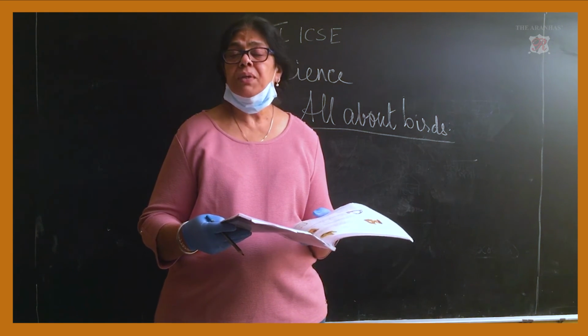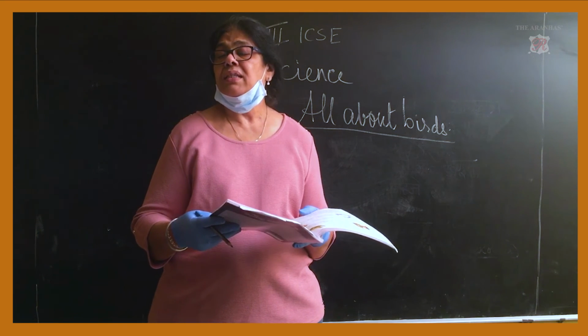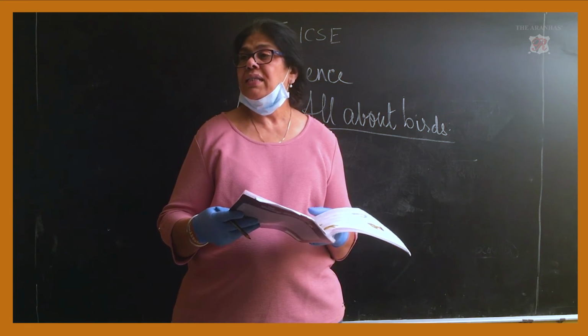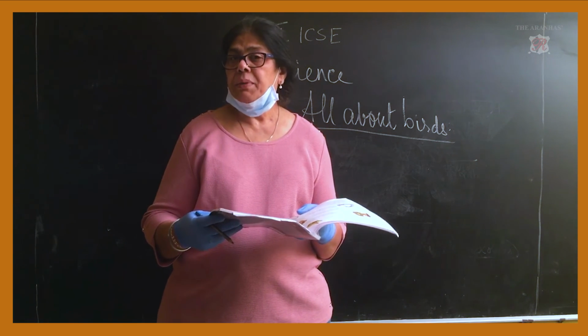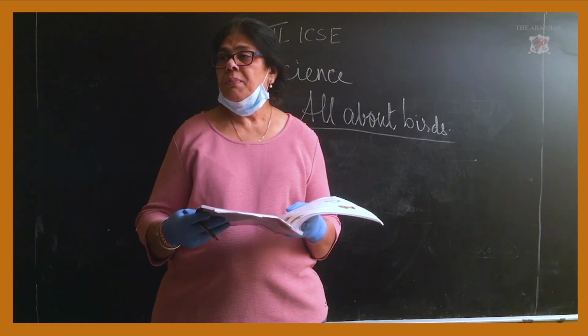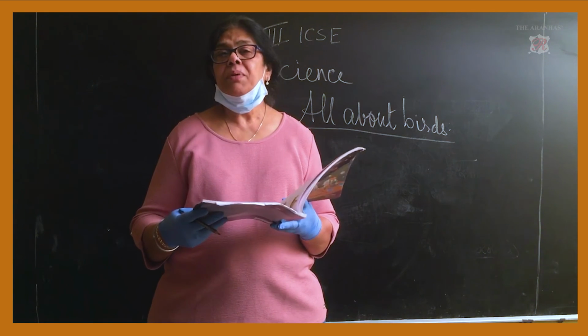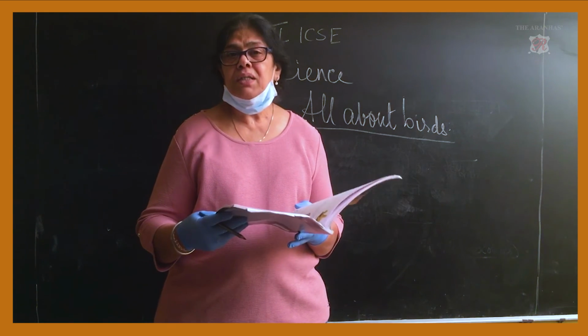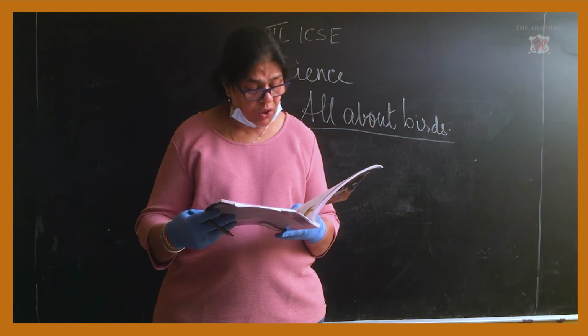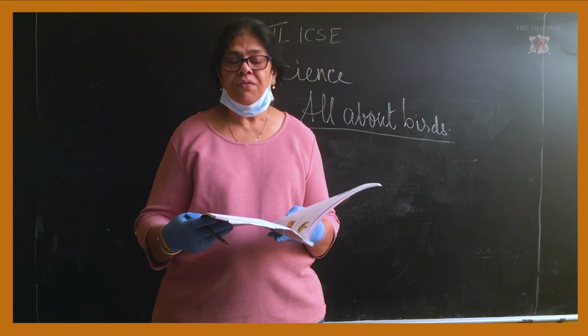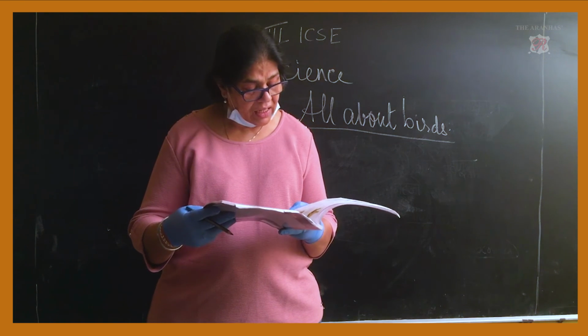Parents look after the bird. The mother bird looks after the eggs. First of all, she sits on the eggs and keeps them warm. And the father brings the food for the mother bird. When the birds are hatched, the mother bird feeds them. The chicks are born with their eyes closed and they need to be looked after. So the mother feeds them and they grow.